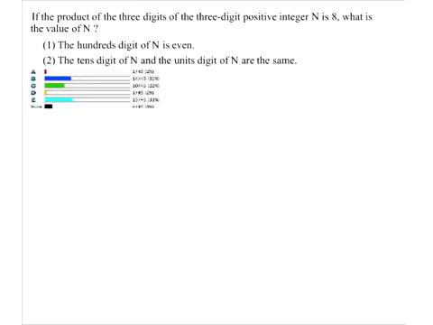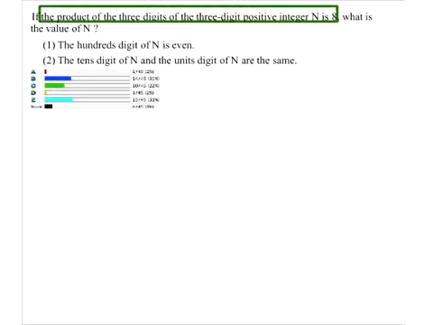This is an awfully weird restriction. I mean, it's just weird. How often do you multiply the digits of a number, right?